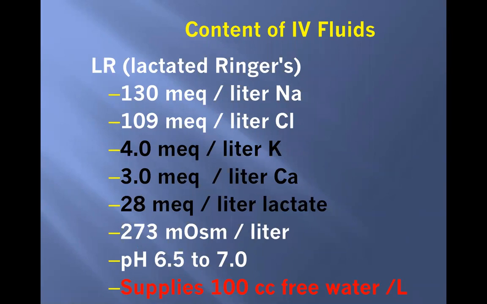The pH here is higher than other types of fluid and reaches near the normal body pH, about 7. So it is more physiologic than other types of fluid. But this type of fluid, which is the ringer lactate, supplies 100 ml of free water.